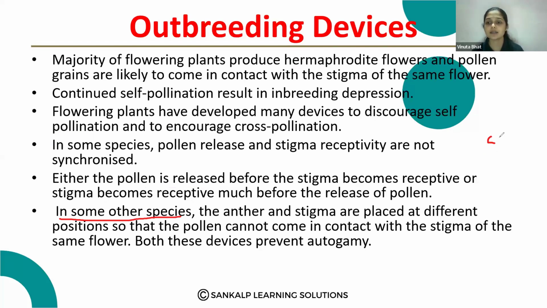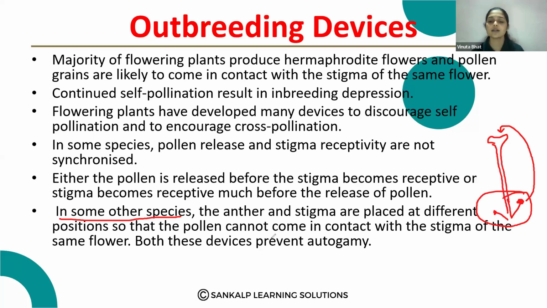So just imagine the stigma and the pollen grains developing at different positions. The pollen grain is not able to reach the stigma of the same flower because of their position. Sometimes the stamens are covered within the flower.